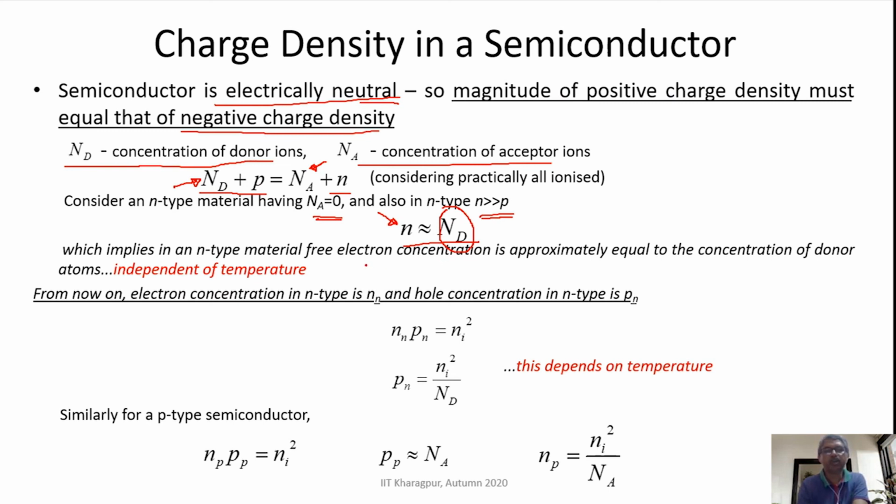A point to be noted here is that this concentration n is independent of temperature, because it depends on the number of dopants you are using. This is contrary to intrinsic semiconductor, where the carrier concentration depends on temperature.